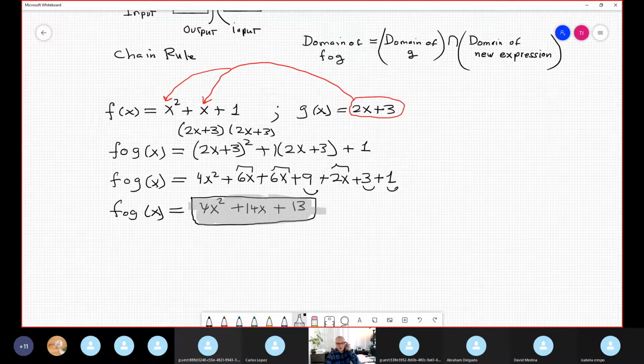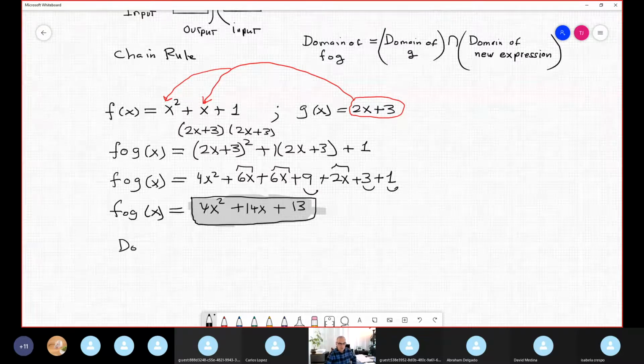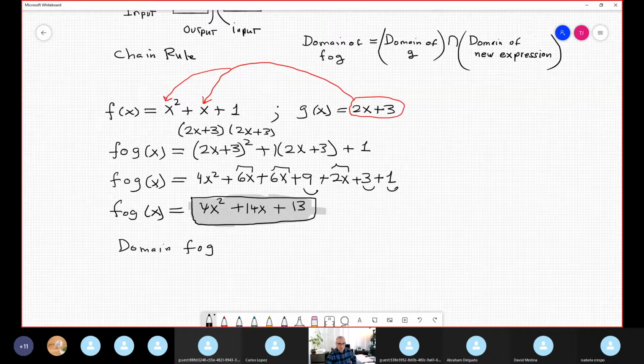the domain. State its domain. The domain of F composition G is the formula, no? Is the domain of the first function, que es G. And G is super important, no?